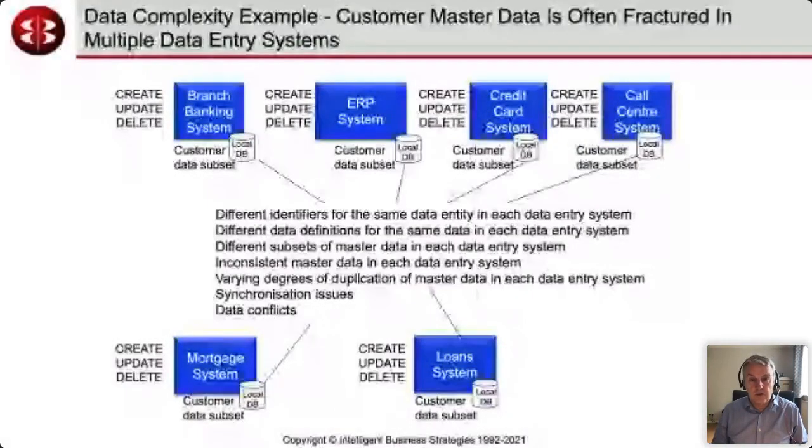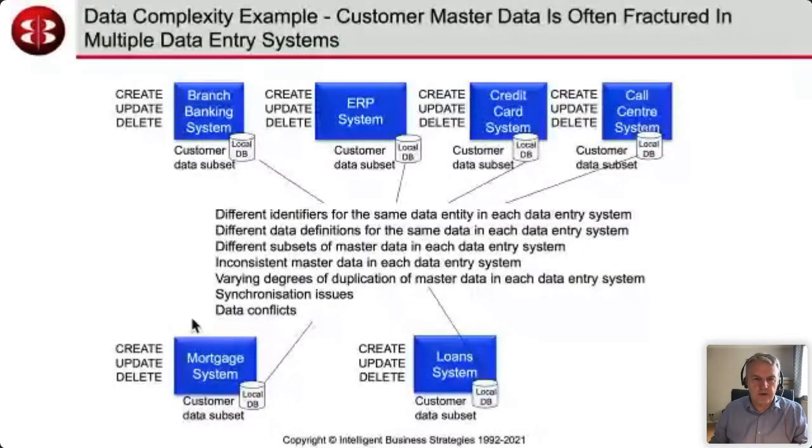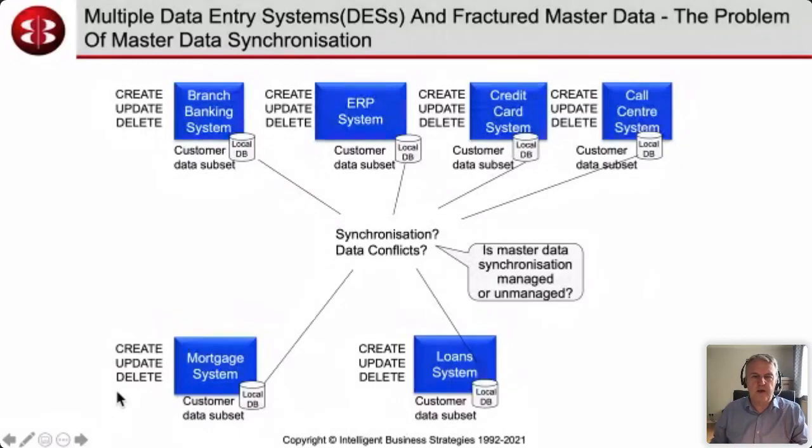As a result, you could be gradually becoming more and more inconsistent as these updates occur, or if you're not telling everyone else about it. And so it's not surprising to see people without MDM having synchronization and conflict problems as different copies or subsets of that master data get updated locally in various application databases.